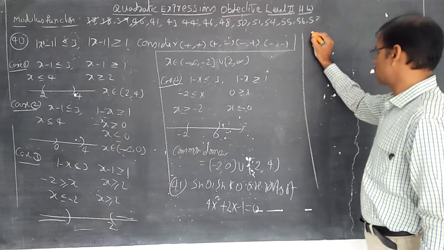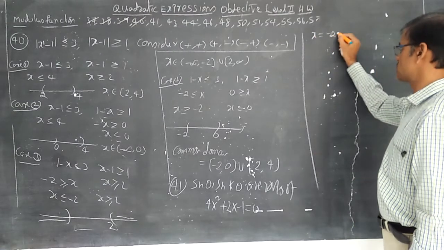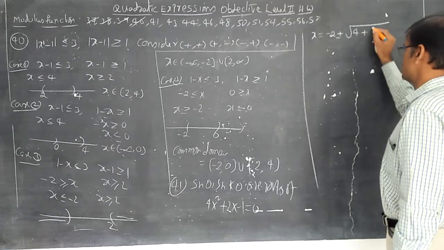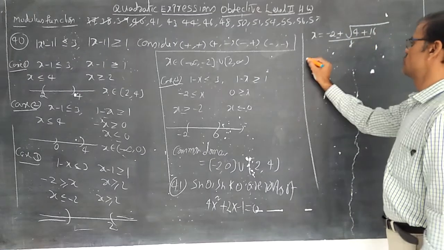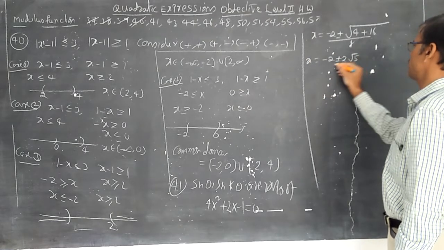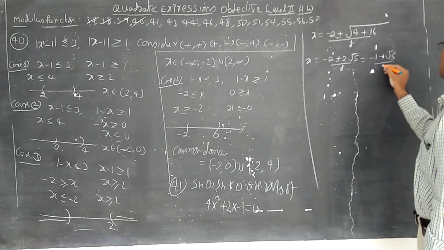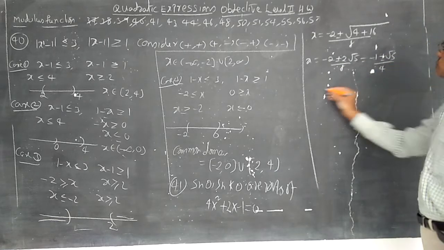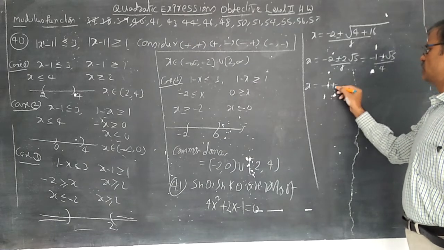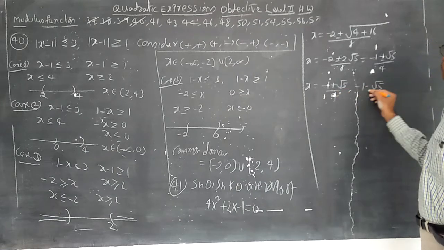Let alpha x, simply I am taking minus b plus or minus root b square minus 4ac concept: minus 2 plus or minus root 4 plus 16 whole by 2 into 4 are 8. X is equal to minus 2 plus or minus 2 root 5 whole by 8. That is equal to minus 1 plus or minus root 5 by 4. So x is equal to, separately I am taking, minus 1 plus root 5 by 4 comma minus 1 minus root 5 by 4.